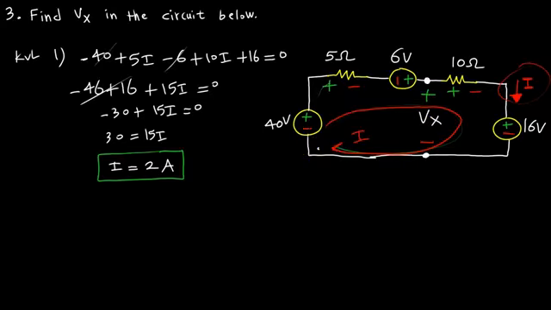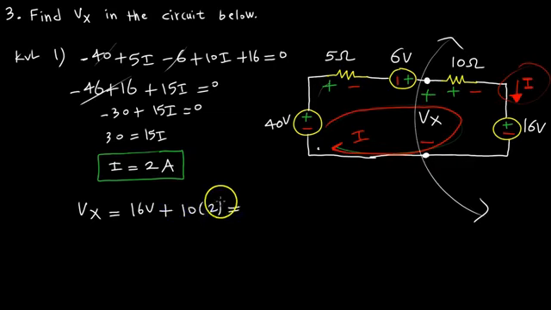Looking at the right side, we're going to start at the bottom at the reference node and go up and get a rise of 16 volts, and then get a rise of whatever this voltage is, which is 10 times I. So Vx would then be 16 volts plus 10 times I, and I is 2. So I'm going to get 20 plus 16, which is 36 volts.